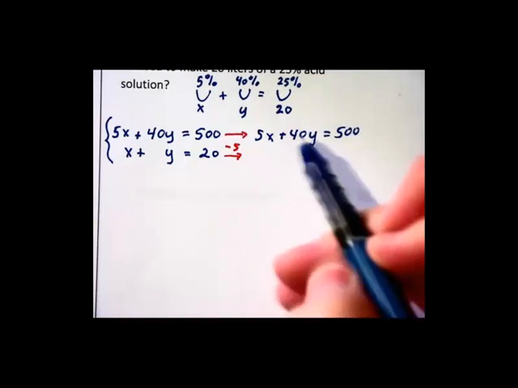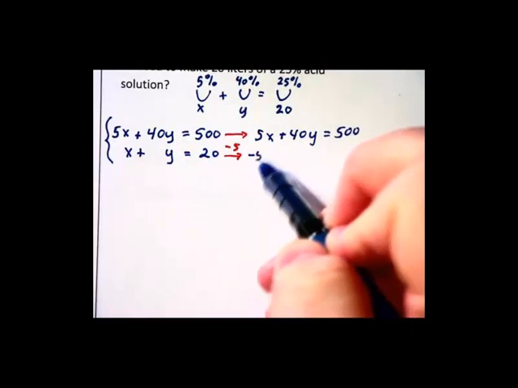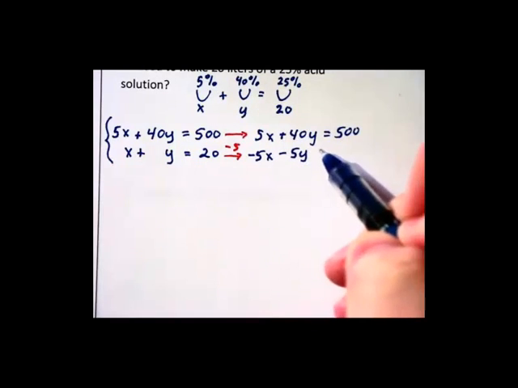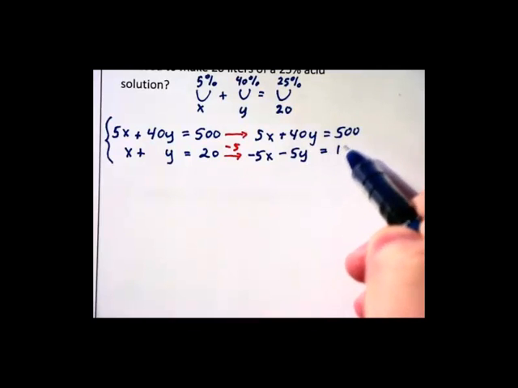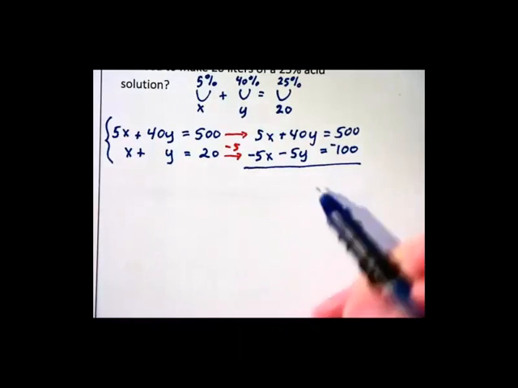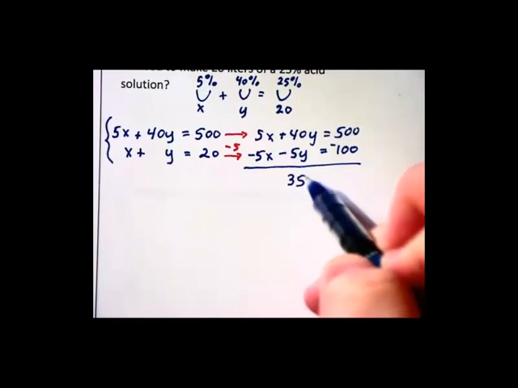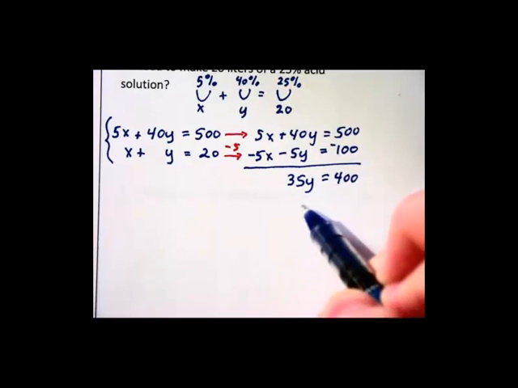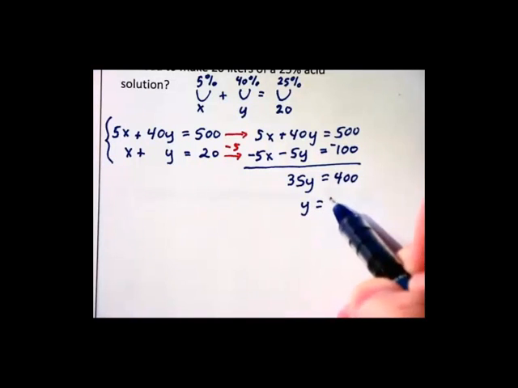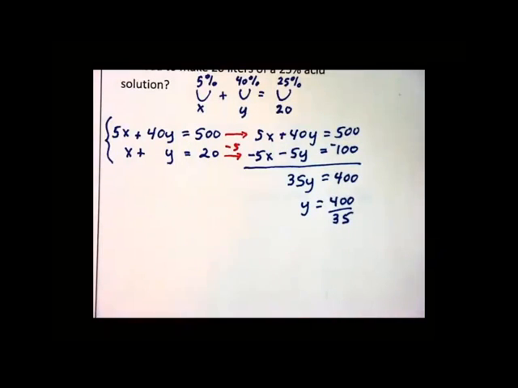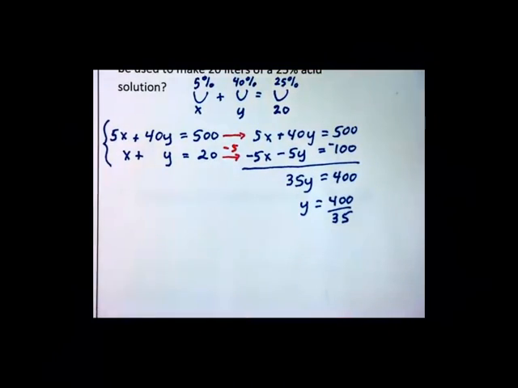And multiplying the second equation through by -5: -5x - 5y = -100. And adding down, we will get 35y = 400.